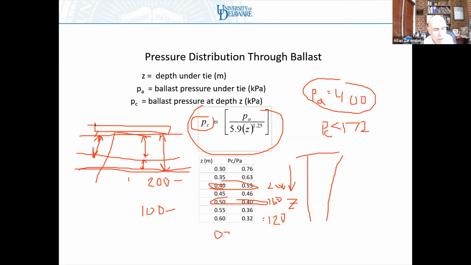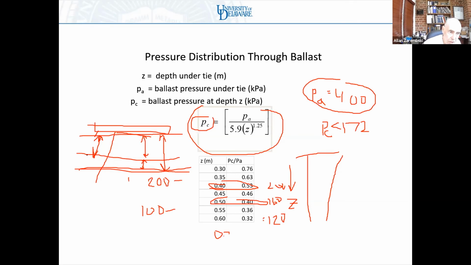So it's not at all uncommon to ship granite 500 or 600 kilometers to be used as railroad ballast. In fact, the shipping cost becomes greater than the cost of the ballast material itself. So you only want to put enough of a layer of ballast in there to cover very high stresses.